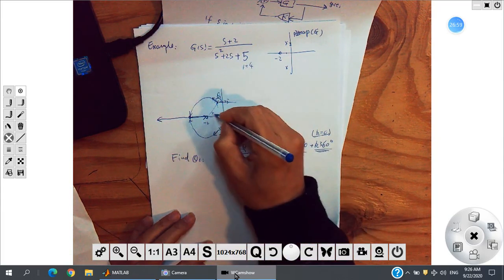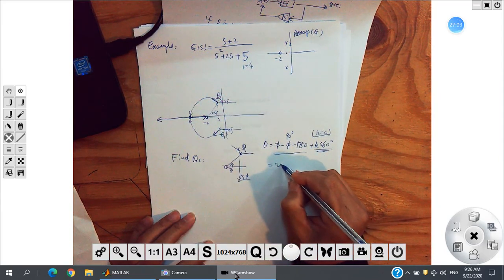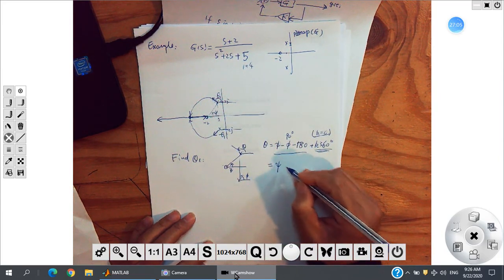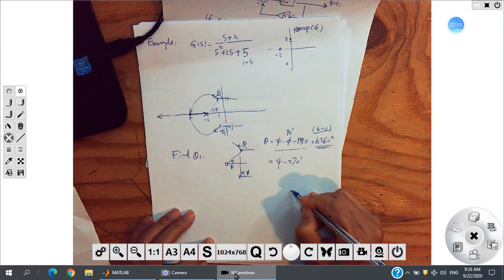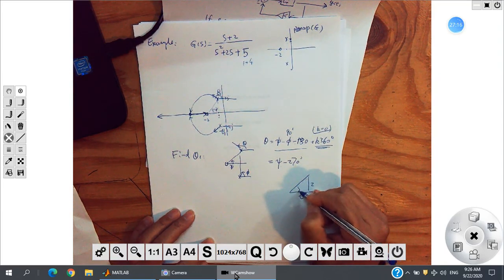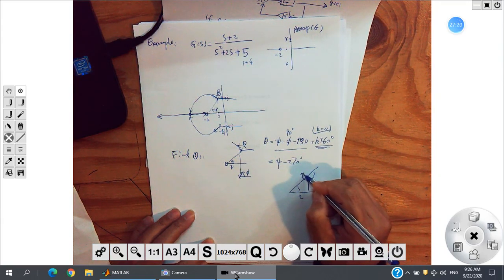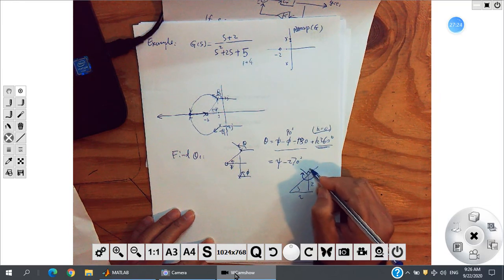Some theta here, some phi here, some psi here. Psi minus 270, so plus 90 degrees.